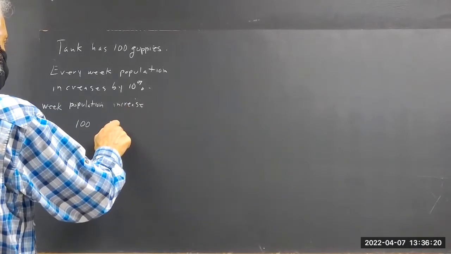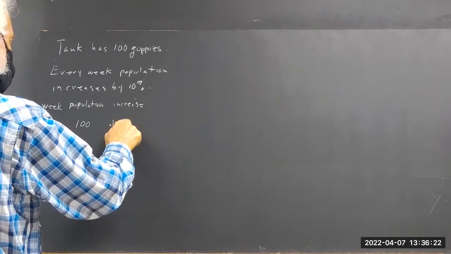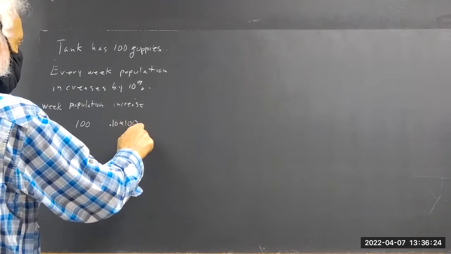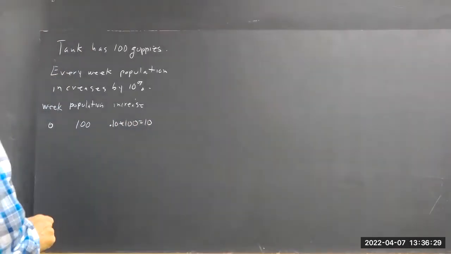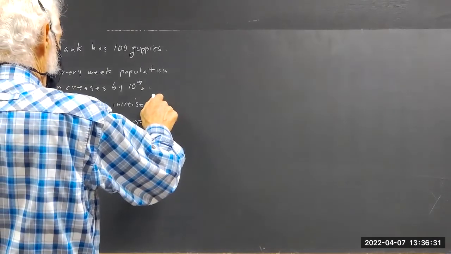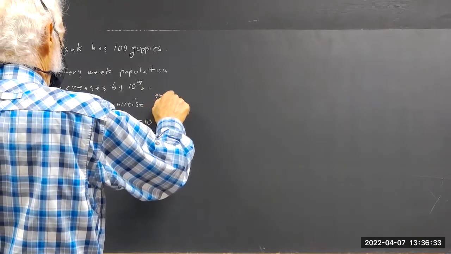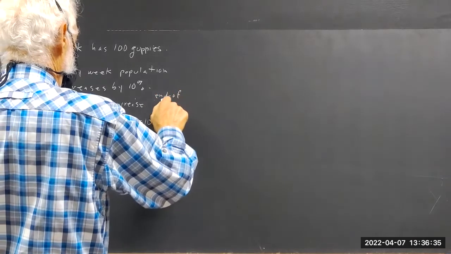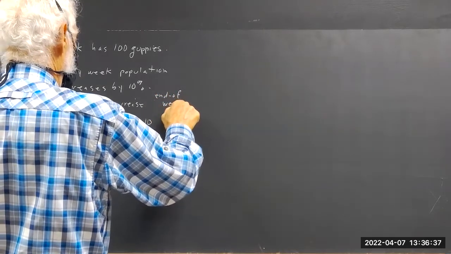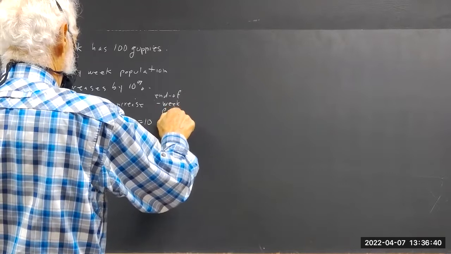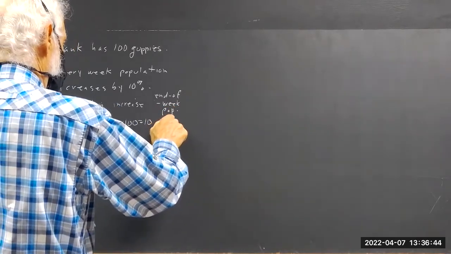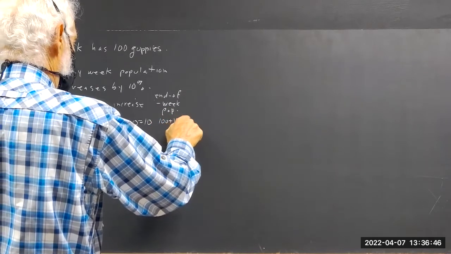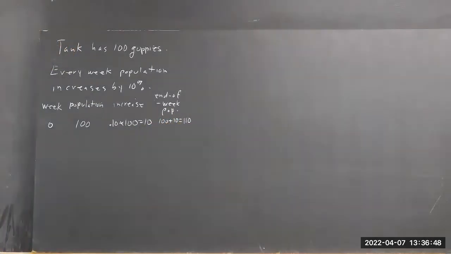The increase is 10% of 100, which is 10. So the end of week population is 100 plus 10 equals 110. Everybody understand that? I assume everybody does.